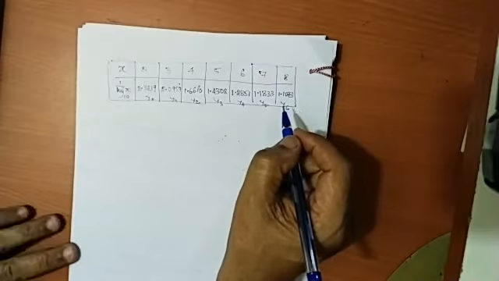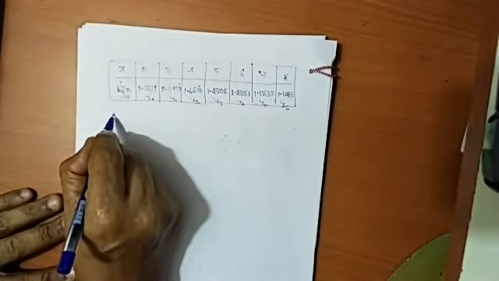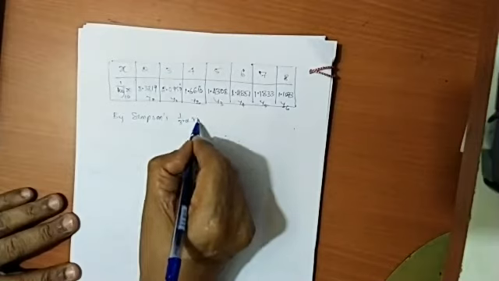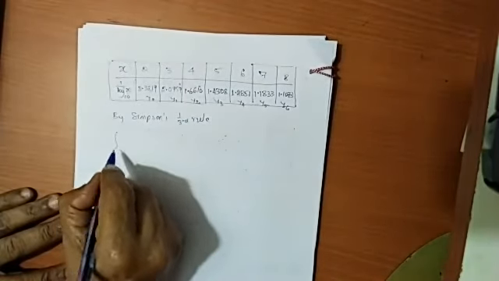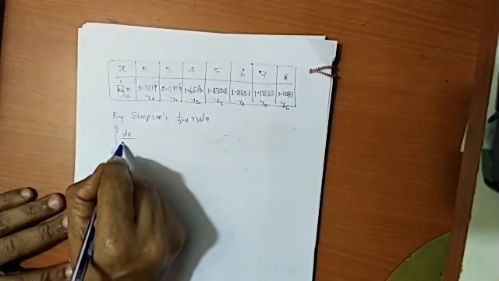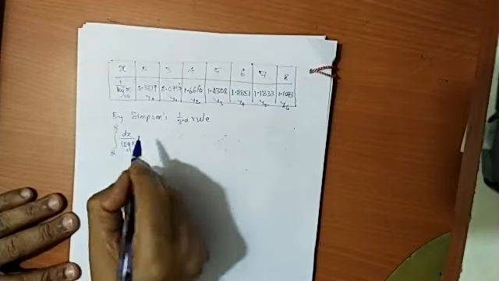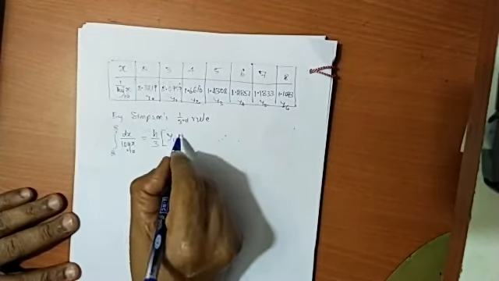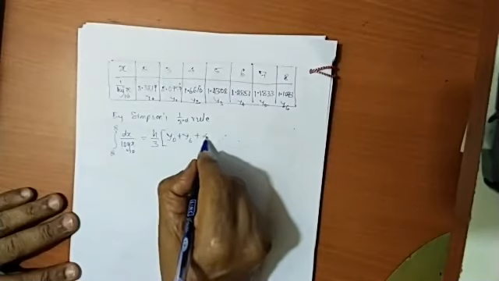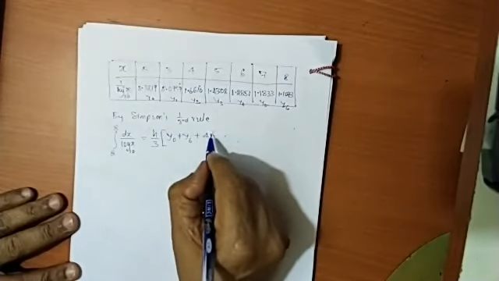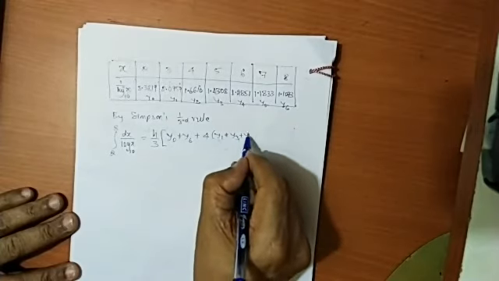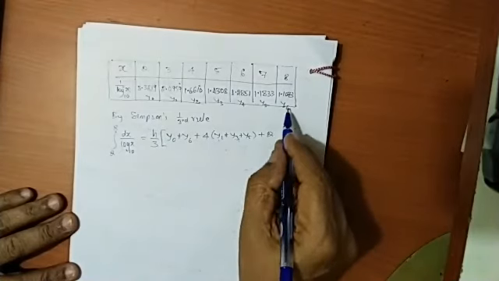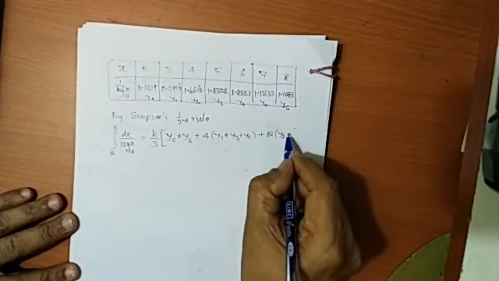So now I have to use Simpson's one-third rule. By Simpson's one-third rule, the integration from 2 to 8 of dx over log of x to the base 10 will be equal to h by 3, h is 1, times the first term plus the last term, y6, plus 4 times the odd terms, y1 plus y3 plus y5, plus 2 times the even terms excluding the last term, so 2 times y2 plus y4.